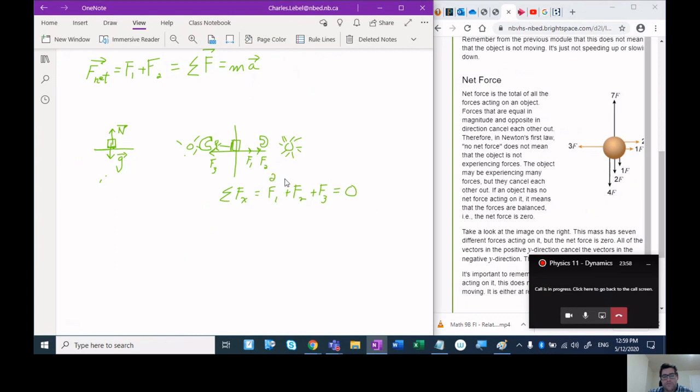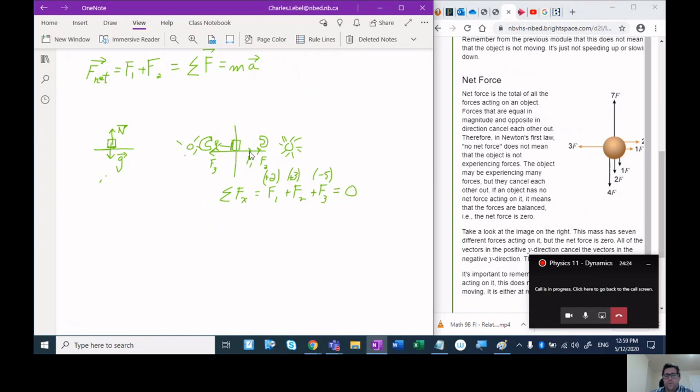Because this could be 2 and 3, and this side could be -5. Right? So we're just saying positively directed for these two, and negatively directed, a magnitude of 2, a magnitude of 3, and a magnitude of 5. And if you add them up, it's 0.